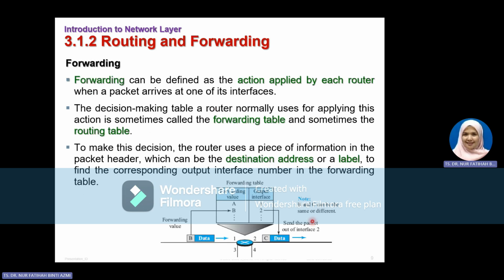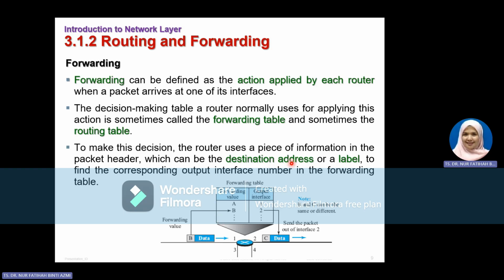Okay, and we have forwarding here. Forwarding is a real-time action performed by a router. When a packet arrives, the router will check the destination address and consult the forwarding table.